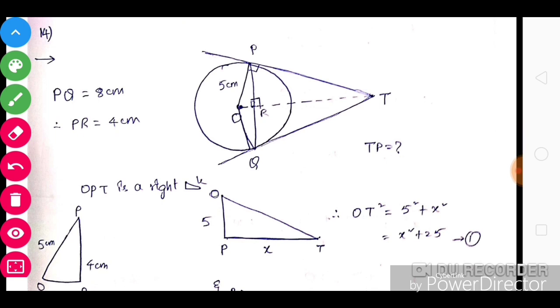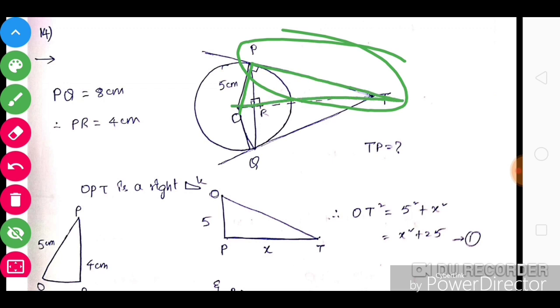This question was pretty lengthy, not difficult, but lengthy. They're asking to find the length of this TP. We can find 3 different right angle triangles here. Number 1, OPT, is a right angle triangle where this is adjacent, this is opposite, this is hypotenuse. So we'll get OT square is equal to x square plus 25.